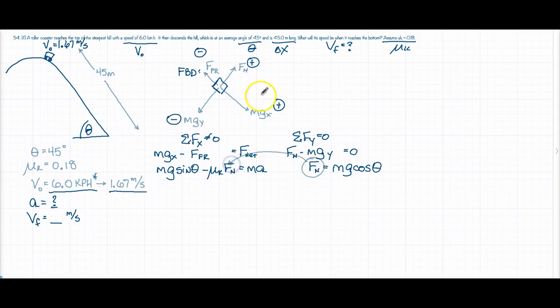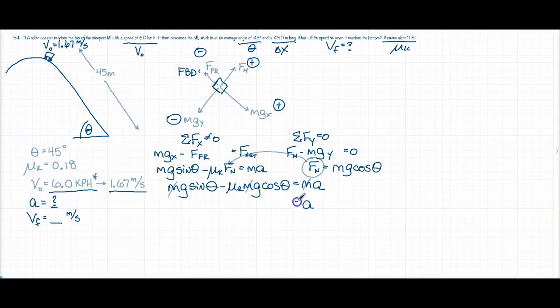This then becomes mg sine theta minus mu kinetic times mg cosine theta, after I've made that substitution, is equal to mass times acceleration. We see that the masses cancel out, which is convenient, so a heavier car does not accelerate more than a lighter car.